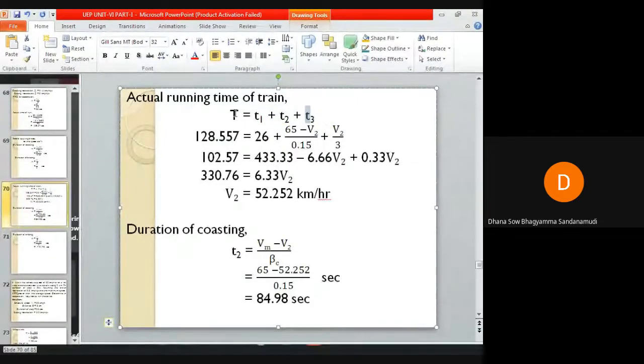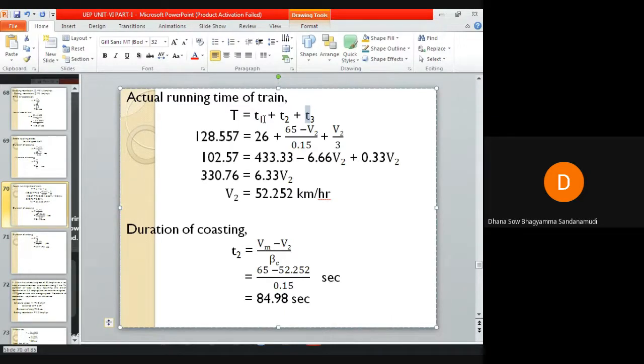Okay, so the total time of run you already know, that is 128.557, which we have already calculated from the given data for the total distance traveled and the average speed. That will be equal to T1 plus T2 plus T3.